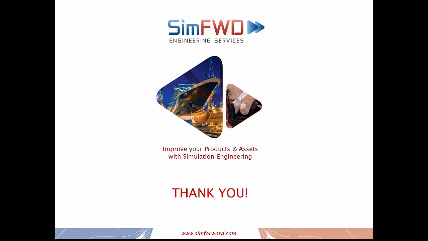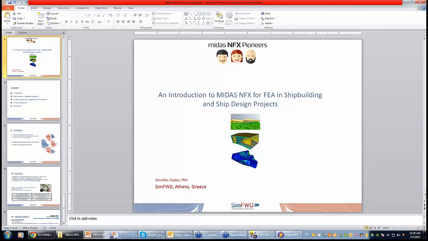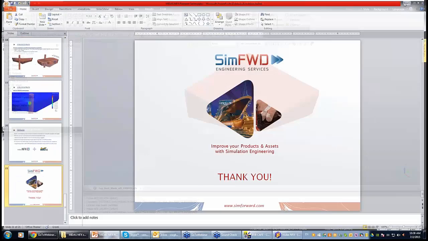So, the Midas NFX environment, I think that some people must be already familiar with it. We will start firstly with BVB CAFE. BVB CAFE is, as I said before, a ship structural modeler.